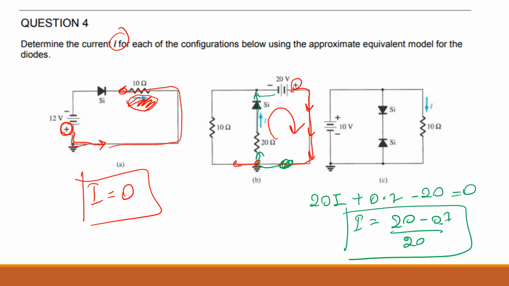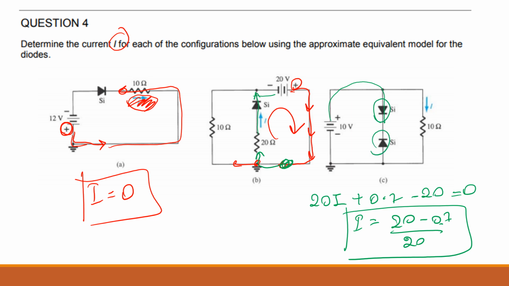How about the third one, C? You have two diodes. Is there a current flowing in the middle branch? Can a current flow in the middle branch? No, because the diodes are opposite. Even though there is a current, this one can let the current flow, but this one cannot.